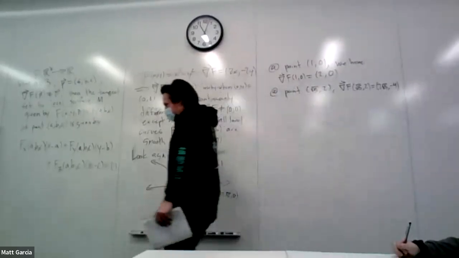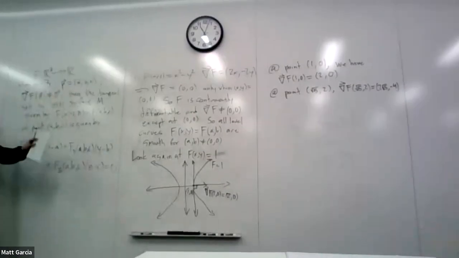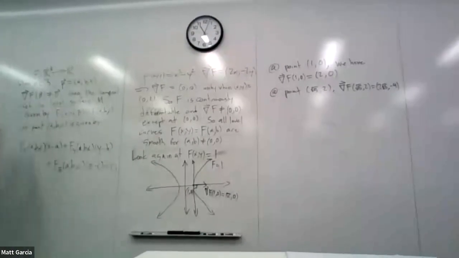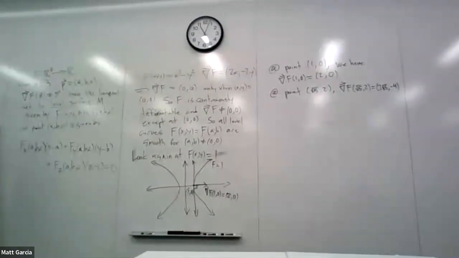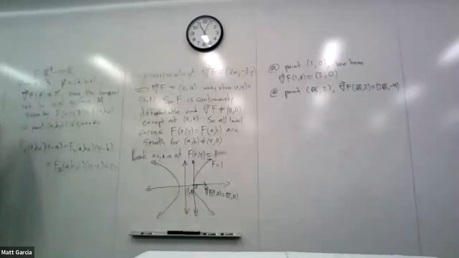Okay. So first of all, what's the significance of the point root 5 comma 2? It's fairly arbitrary at first glance, right?